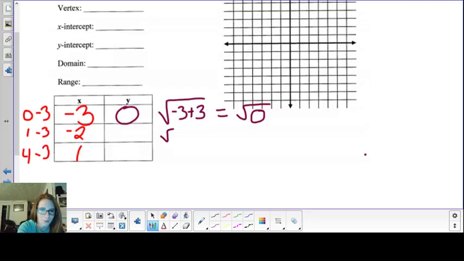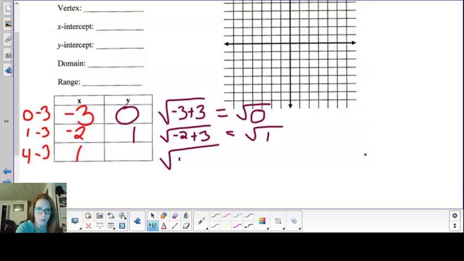Maybe not yet. Let's try another one. We have negative 2 plus 3. What is negative 2 plus 3? It's 1. What's the square root of 1? I see a pattern coming on. Okay, let's try the next one. 1 plus 3. What is 1 plus 3? What's the square root of 4?